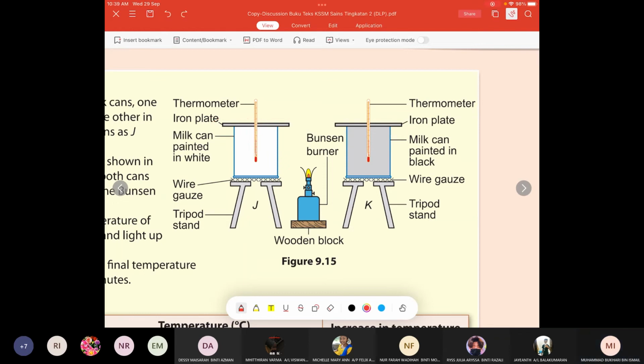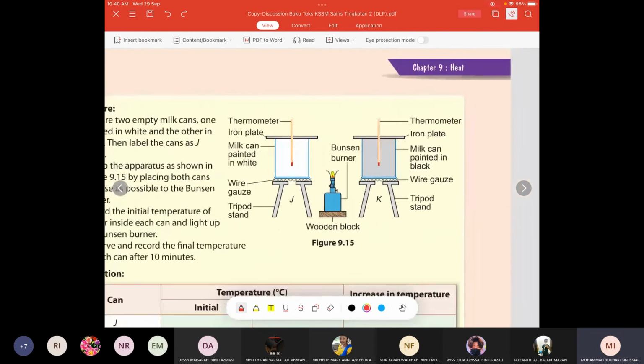So we can supply heat in the middle of the two milk cans, and the heat will be radiated and transferred to the milk cans. At the end of the experiment, we can see the difference of the temperature in the two milk cans.